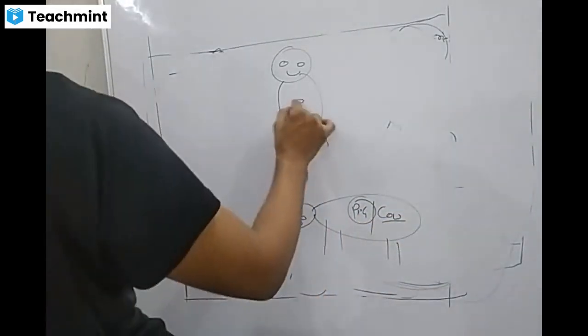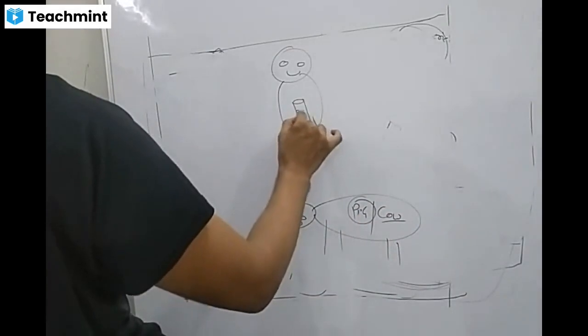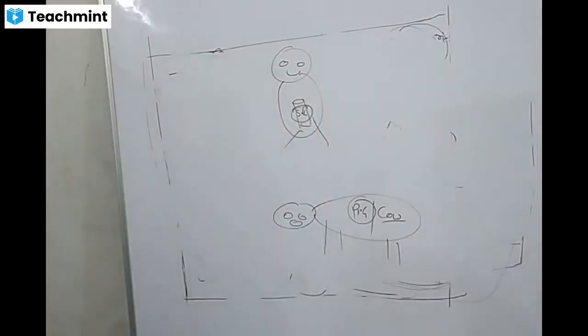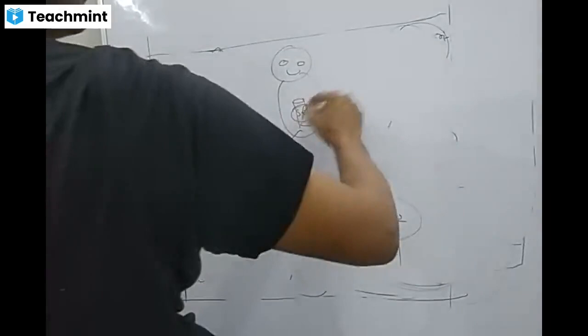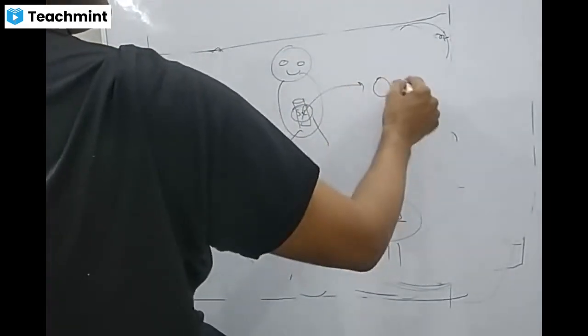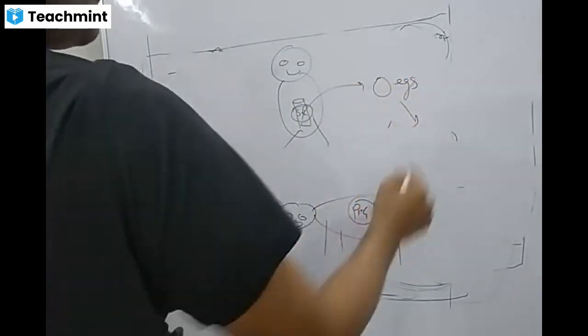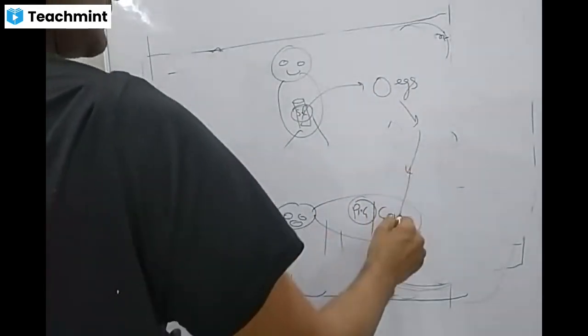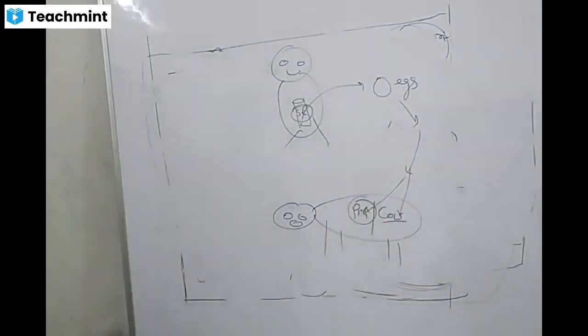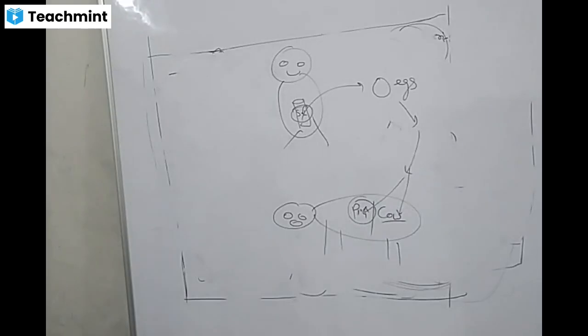In both the cases, adult is present in the small intestine. So from this, what comes out? Egg. These eggs are taken by the cow or pig. They enter into the body of cow or pig.